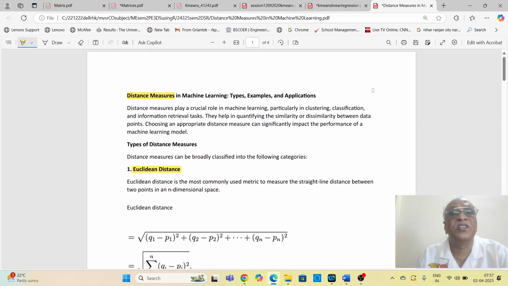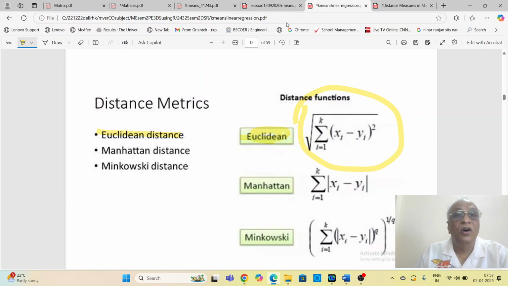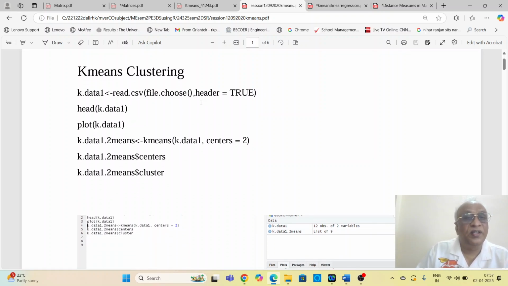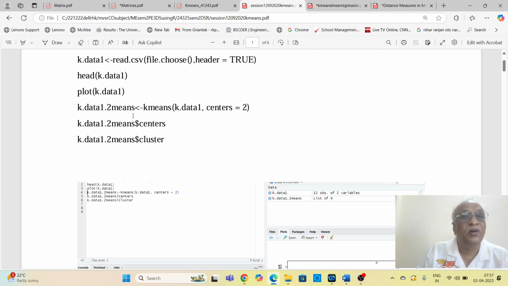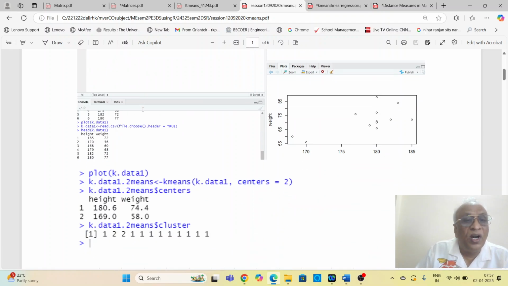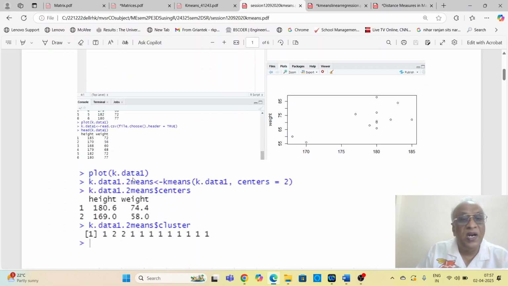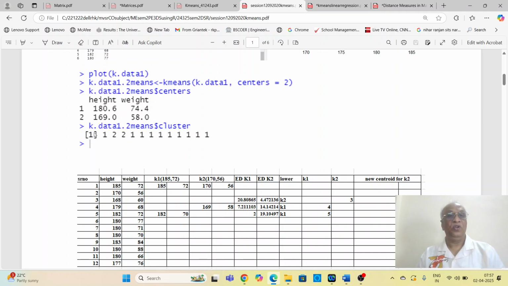implementation of K-means clustering, I have one PDF wherein I had implemented that in different ways. You can see here, this K-means clustering I have used in R programming. I have taken my data and I have applied K-means with centers as 2, and this is how the cluster allocation has happened here.